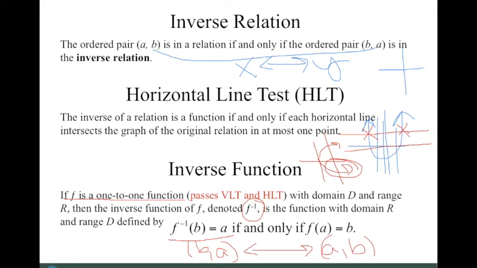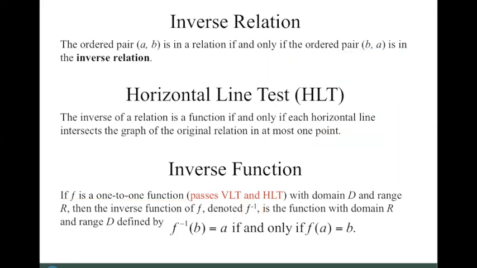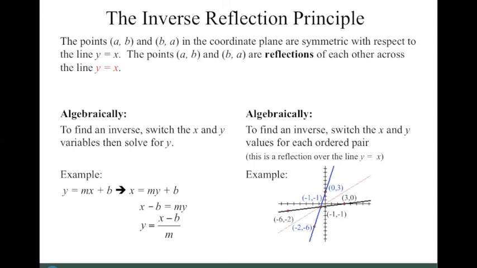So let's look at our next slide here. When we look at this algebraically, remember we're switching our coordinates. So algebraically, x and y switch. The second one should say geometrically. So if algebraically our x and y switch, geometrically we'll do the same thing.